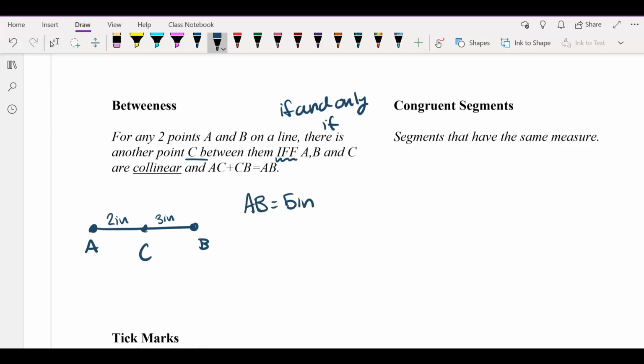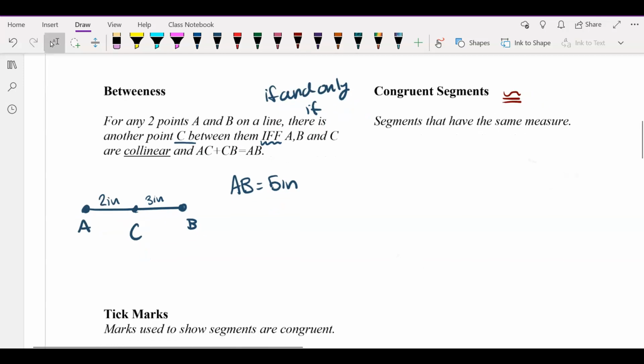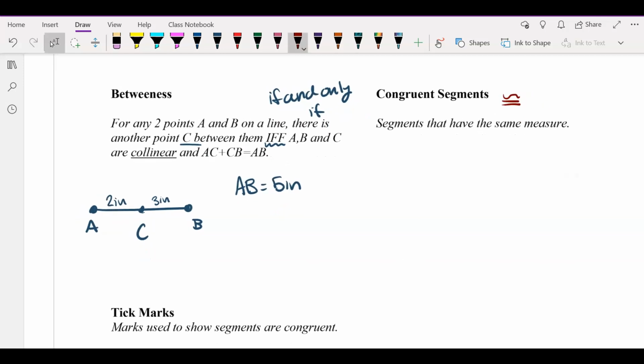Then we have over here congruent segments. So congruent is an equal sign with a squiggly above it. When we talk about congruent segments, that is segments with the same exact measure. So let's draw an example here. Let's say we have RS, and I don't actually like the S because it looks like a 5.